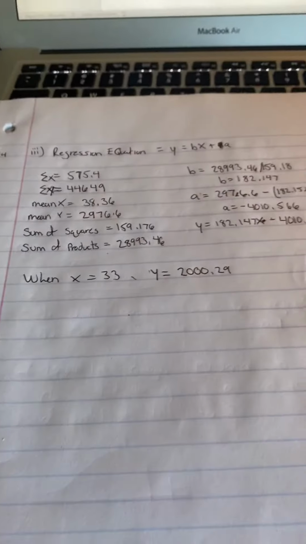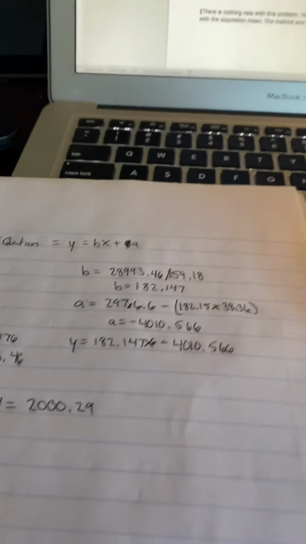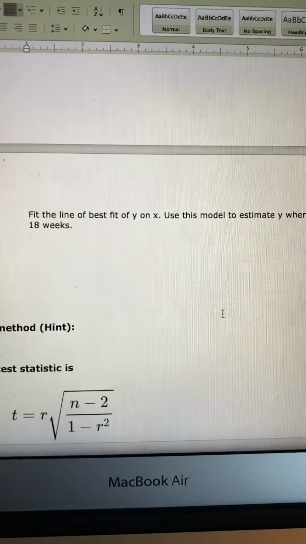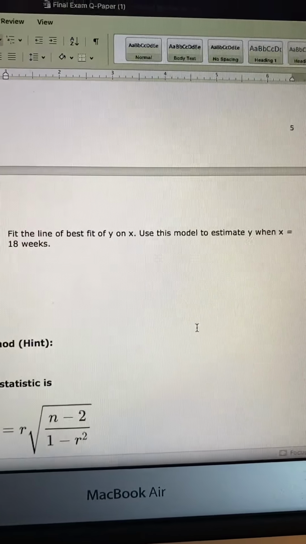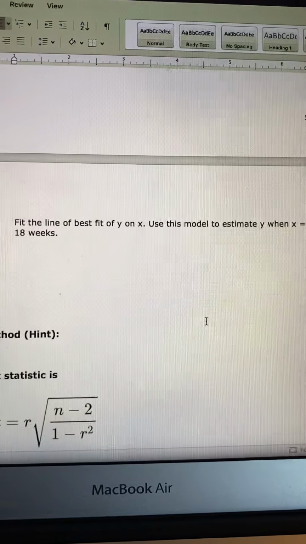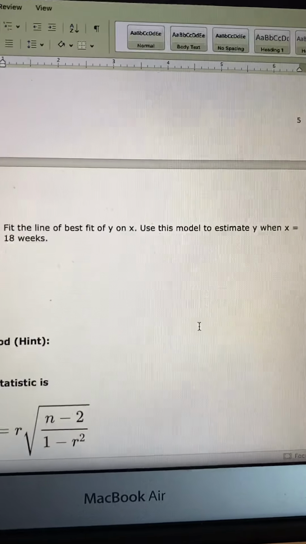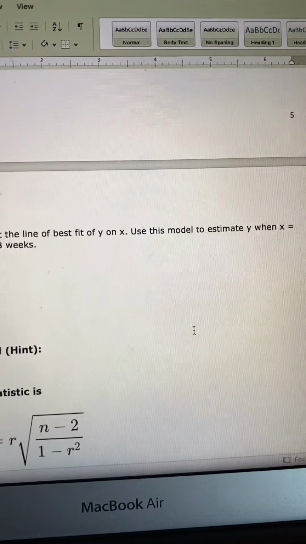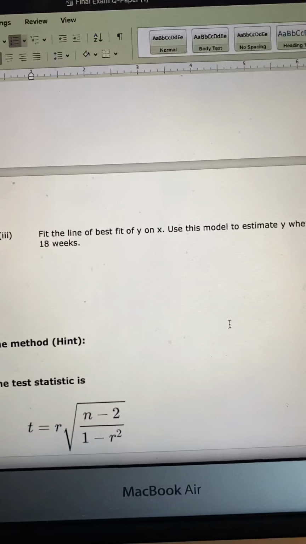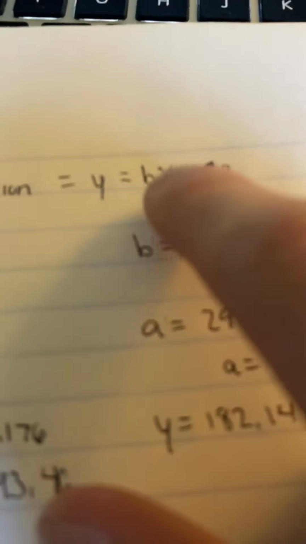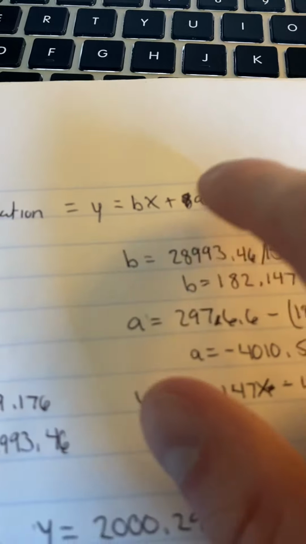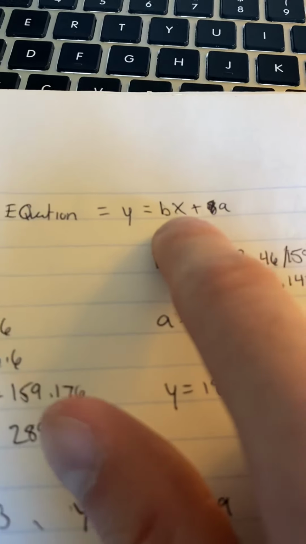Moving on to part 3. Part 3 states, fit the line of best fit of y on x, and then use this model to estimate y when x equals 18 weeks. We're going to use the regression equation, y equals a plus bx, or you can do bx plus a.